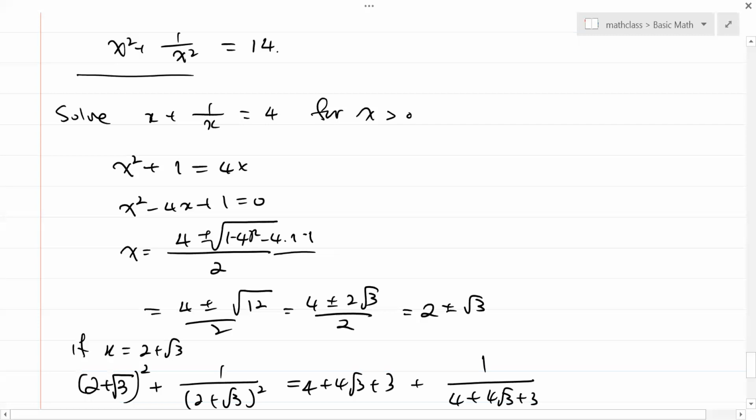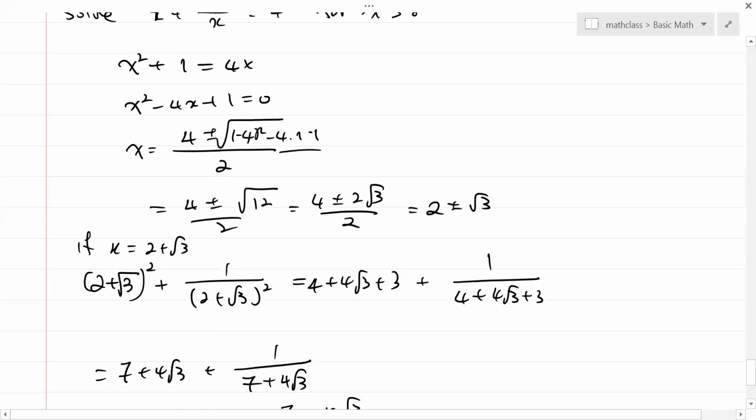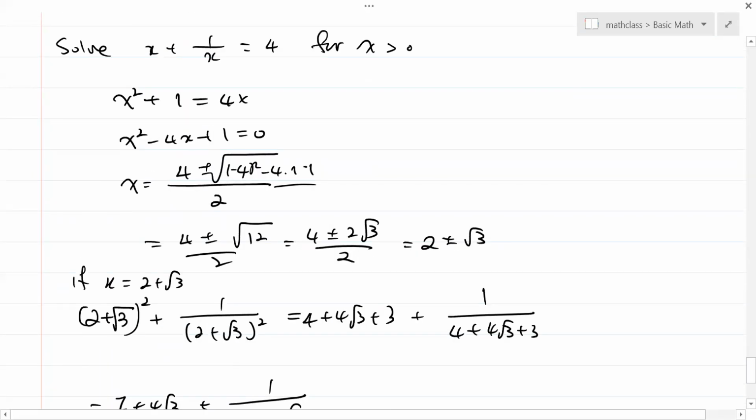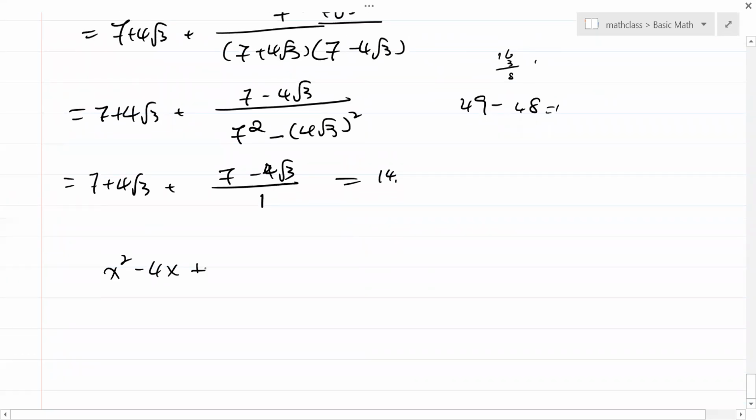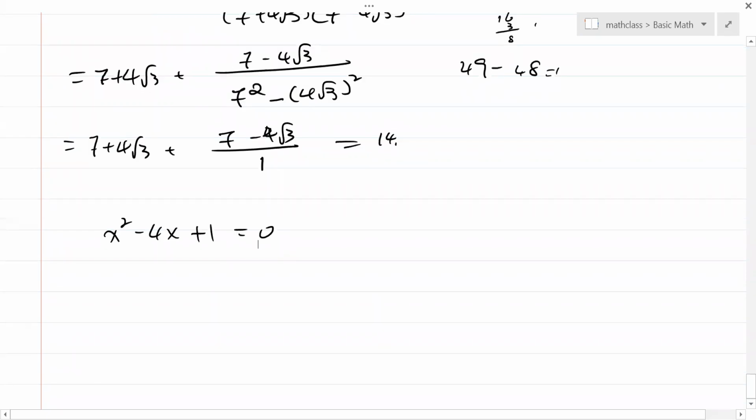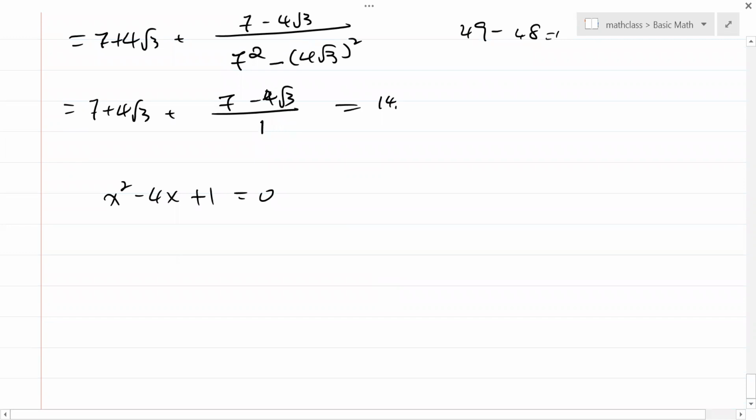Let me talk about this equation again. x squared minus 4x plus 1 equals 0. Now, what does that mean? Someday maybe we have to look at quadratic functions. This expression can be used to define a quadratic function.